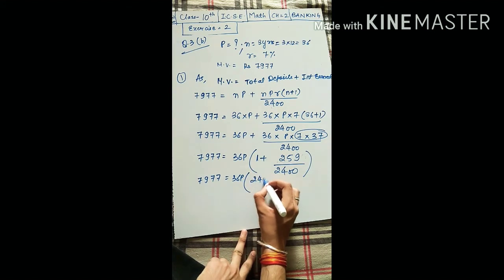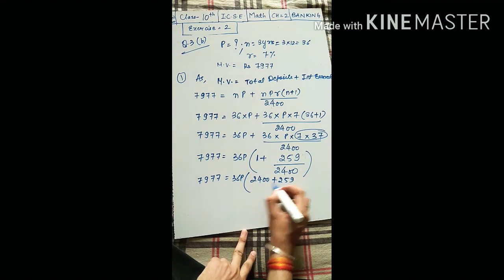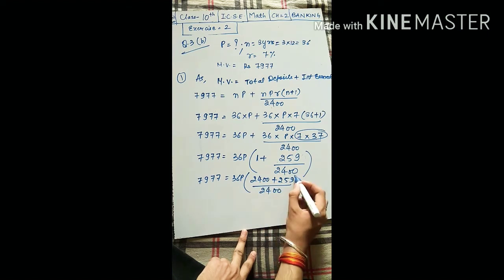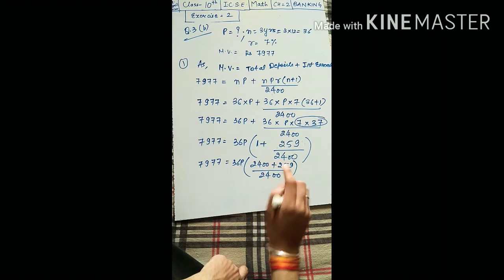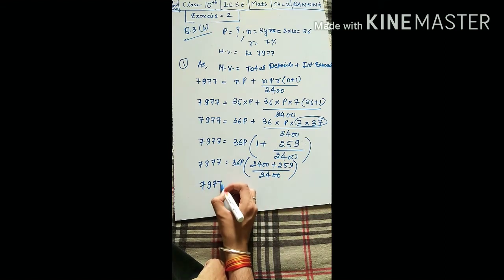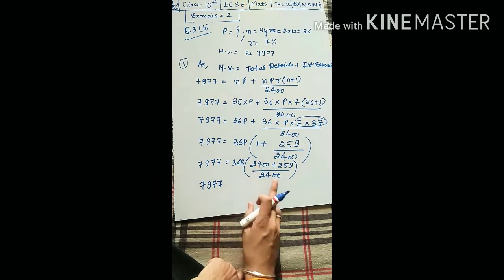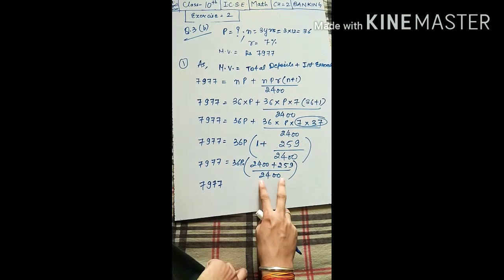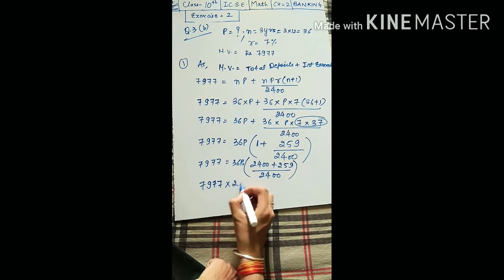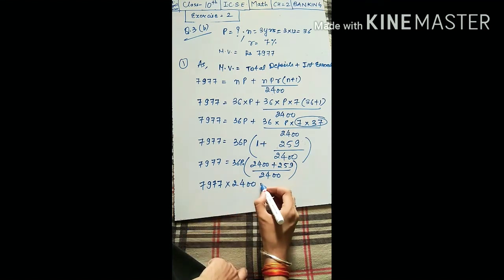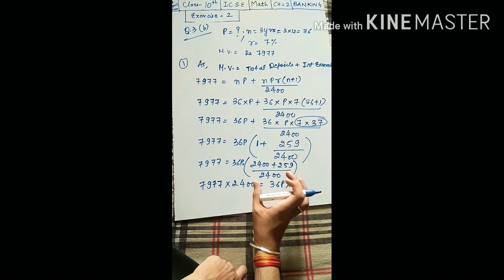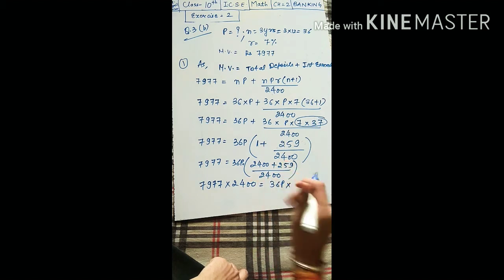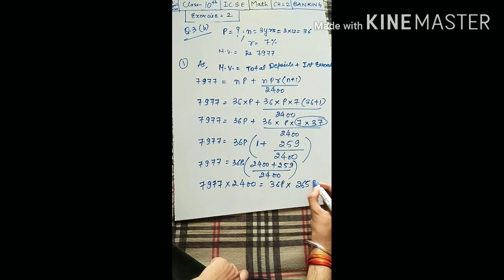Take the LCM, 2400 plus 259 upon 2400. Add these two. This is in multiplication, so I'm taking this 2400 this side, and it will be in the multiplication. Equal to 36p into, solving this bracket, 2400 plus 259 will give you 2659.